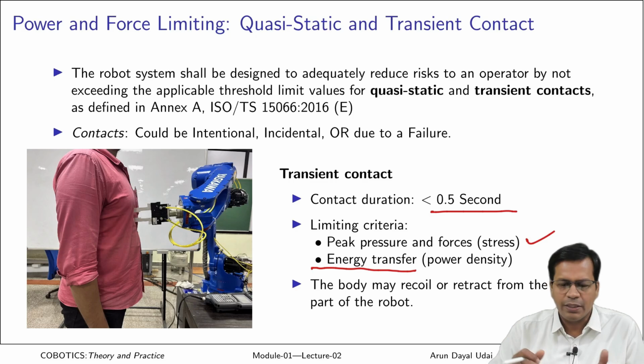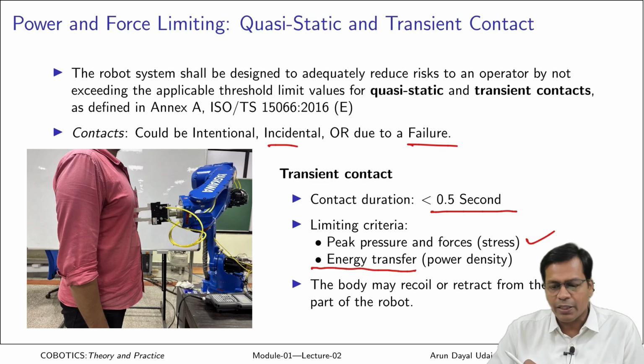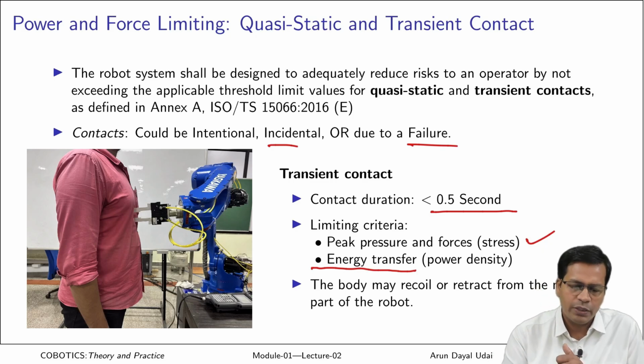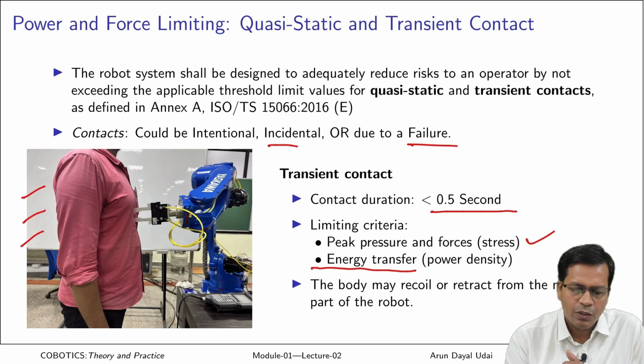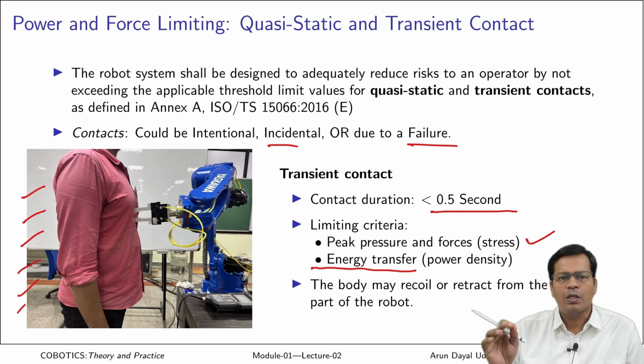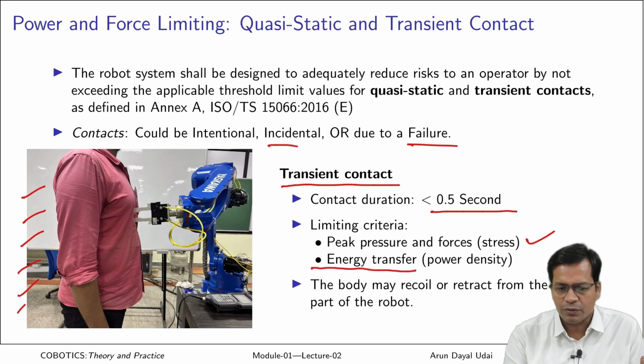Not necessarily a task, it may be due to an incident or it may be due to a failure also. The body may recoil or retract from the moving part of the robot. Over here you see there is a pretty good amount of space at the back of the person. He may come out of the robot workspace totally. So, this is known as transient contact.